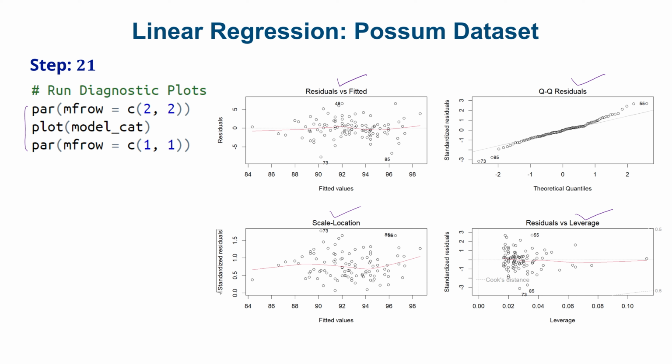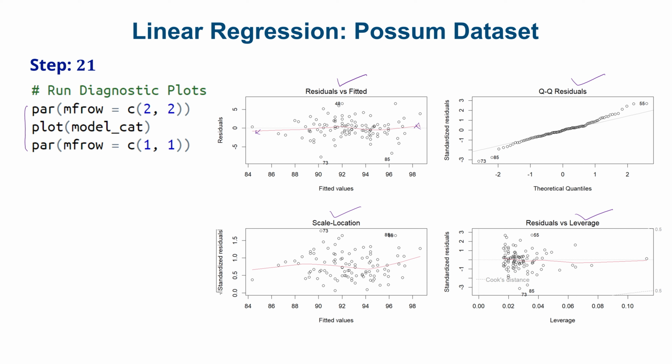Residuals versus fitted plot. This plot helps assess two key assumptions of linear regression: linearity and homoscedasticity. We expect to see a random scatter or a cloud of residuals around the horizontal line at 0. No clear pattern suggests that the relationship between predictors and the response is approximately linear.